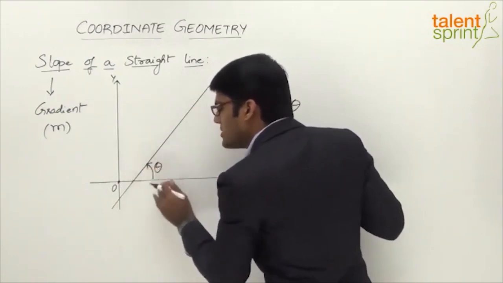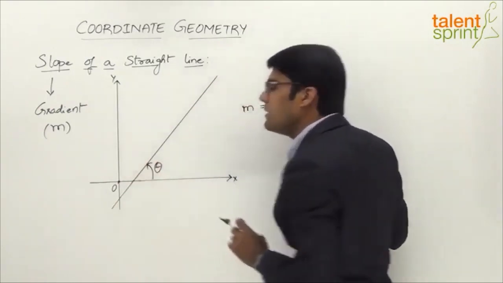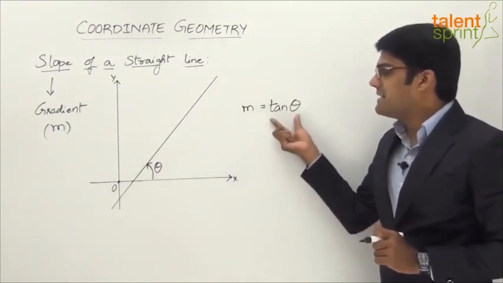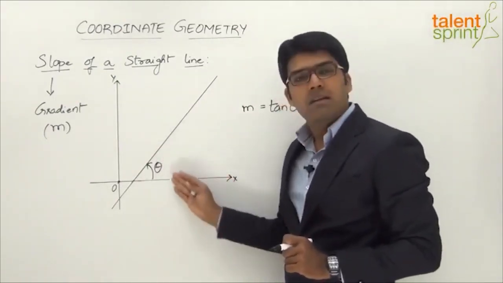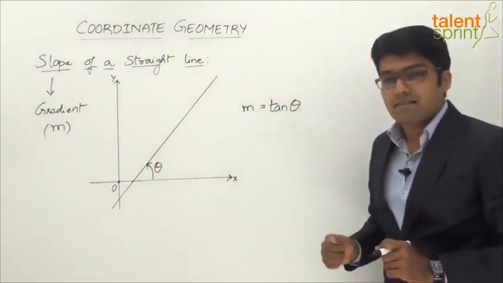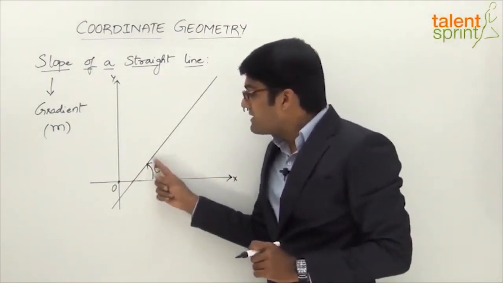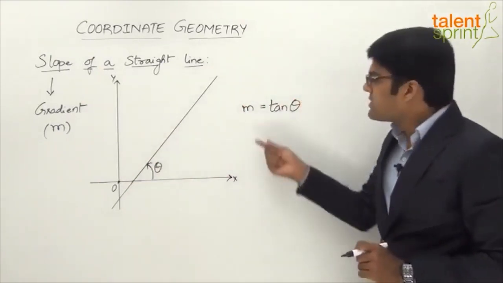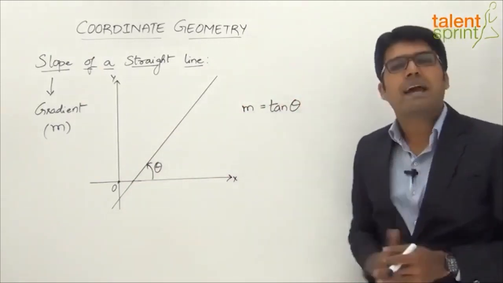So this angle, when measured in the anti-clockwise direction, let it be equal to theta. Remember that the angle here is measured in the anti-clockwise direction from the positive x-axis. So M, or slope, is equal to tan theta.